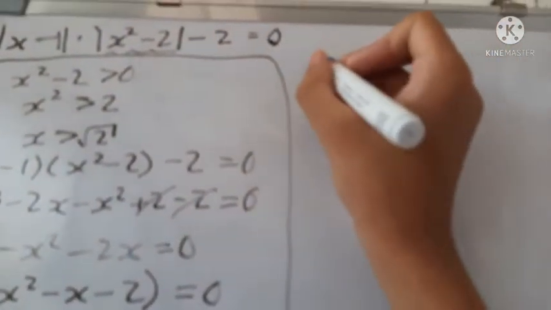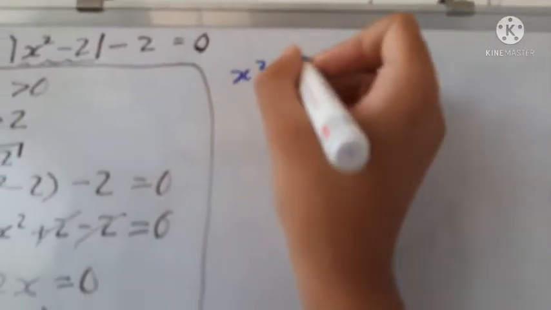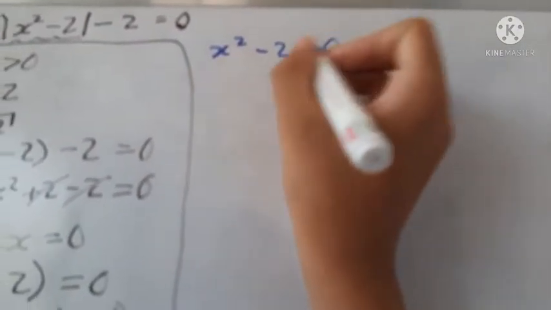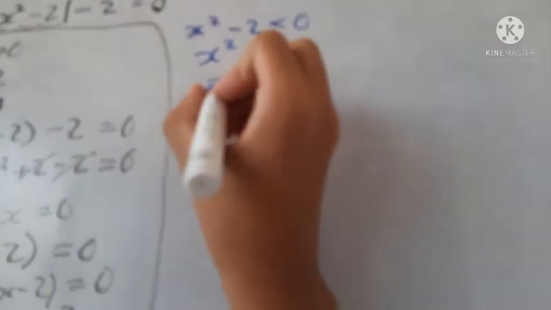Yeah, so now we assume that this is less than 0. So x squared minus 2 is less than 0, x squared is less than 2, x is less than square root of 2.